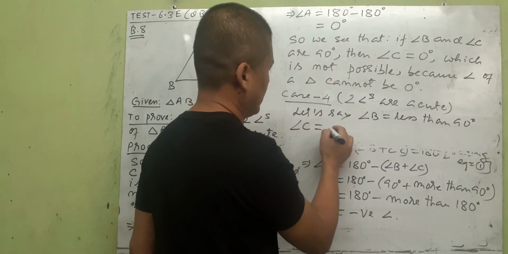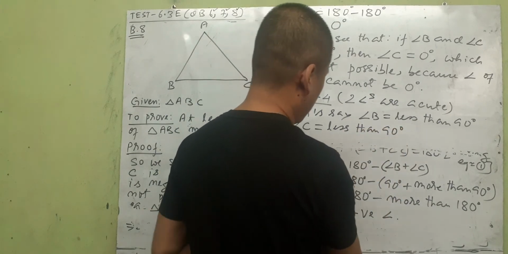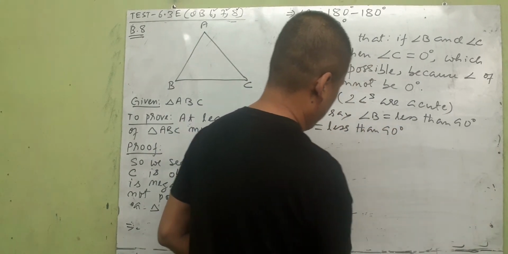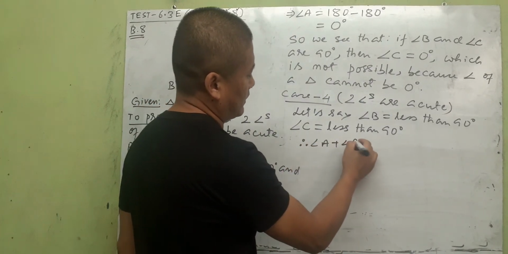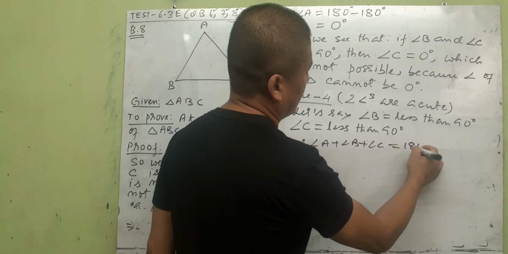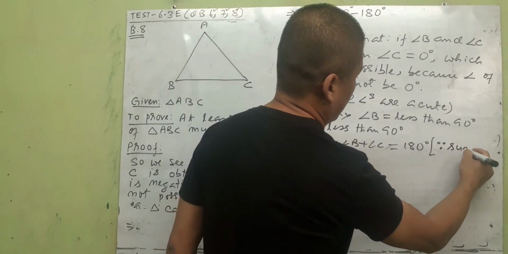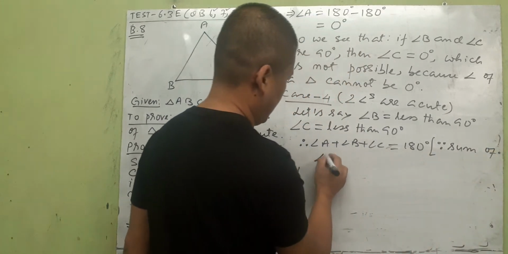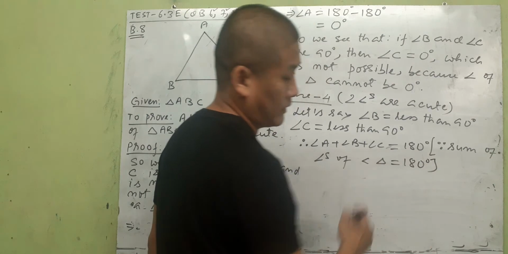Angle C is also less than 90 degree. This time both are acute. Now, let's see whether this is possible or not. Therefore, angle A plus angle B plus angle C equal to 180 degree, because we know that the sum of angles of a triangle is 180 degree.